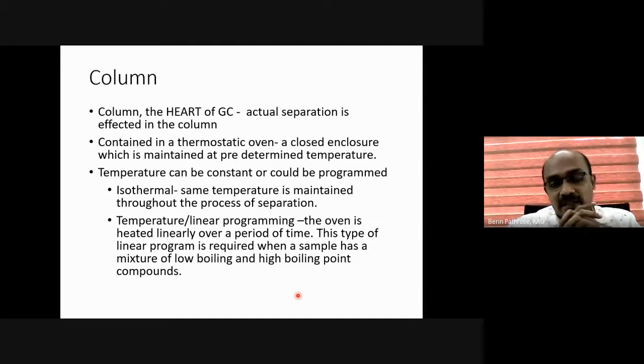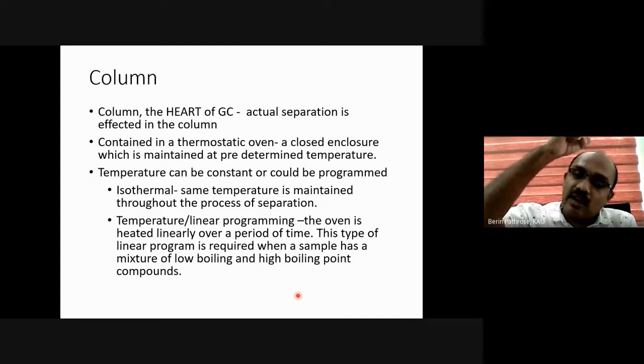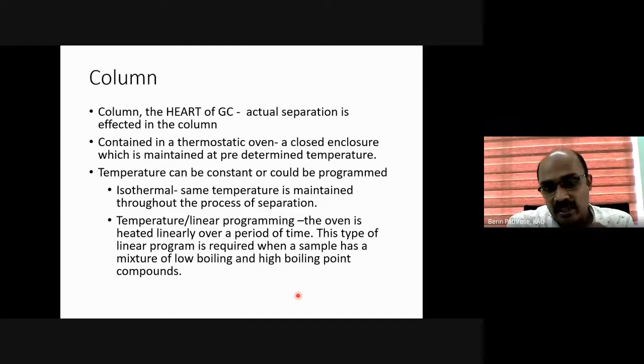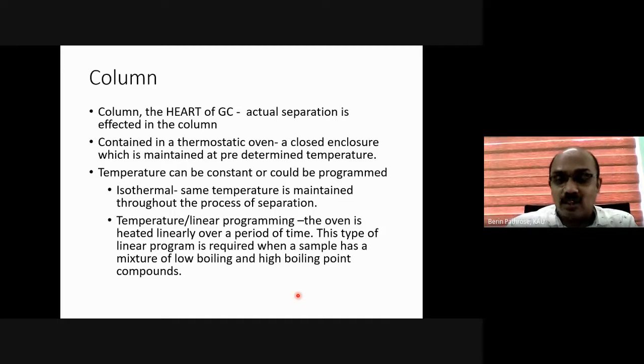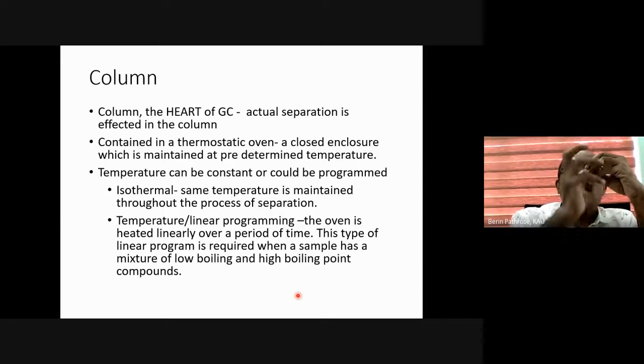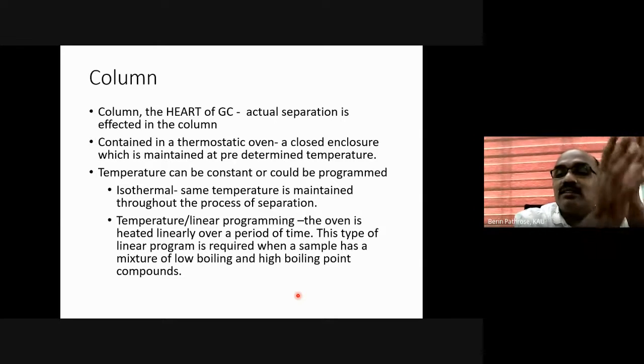Why are we maintaining the column in an oven at a higher temperature? In the first step, in the injector itself, we have volatilized the sample. Once the volatilized sample reaches the column, the column should also be maintained at that temperature or a slightly higher temperature. Otherwise, if the column is kept at room temperature, the volatilized sample will condense in the column itself.